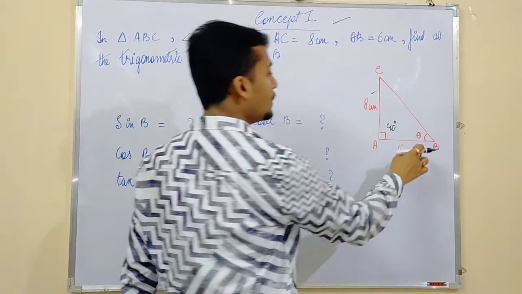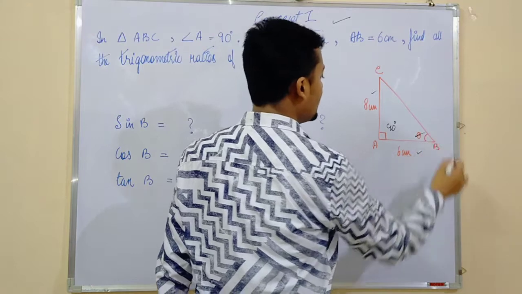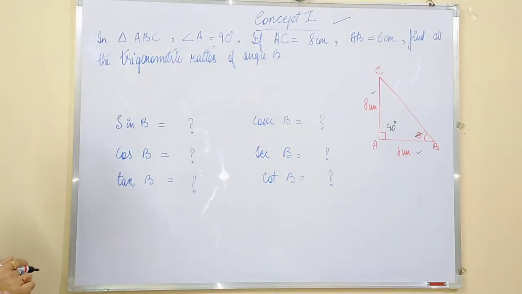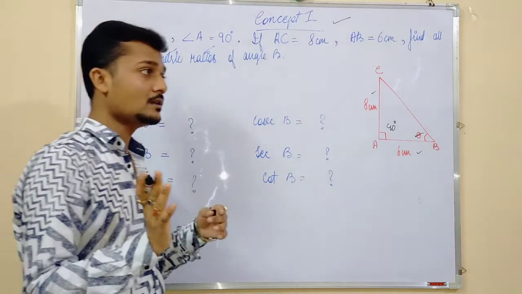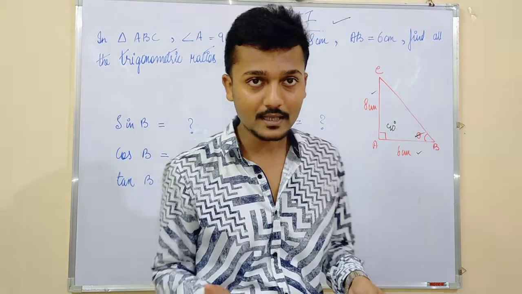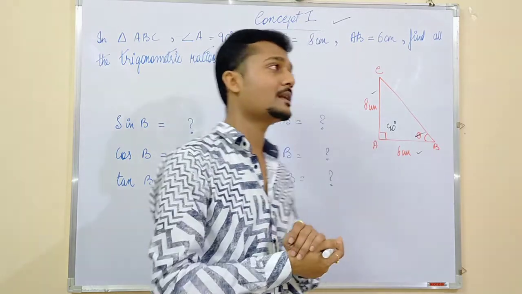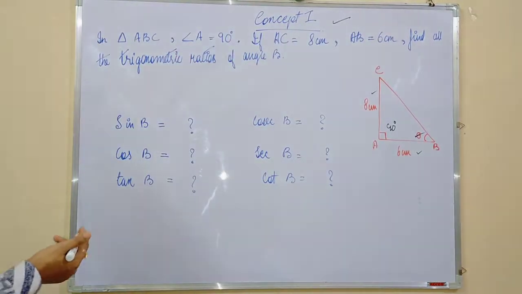That means theta will be at B. Okay, we have to find the trigonometric ratios related to angle B. Now, in the first part, I said that you need to remember one statement. And what is the statement? Yes, it is: Some people have curly brown hair, turns permanently black.